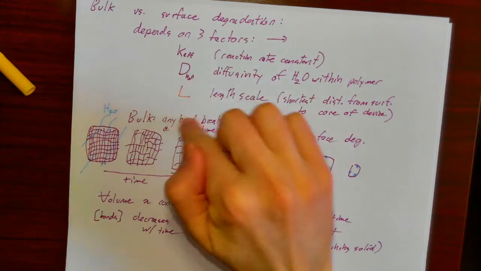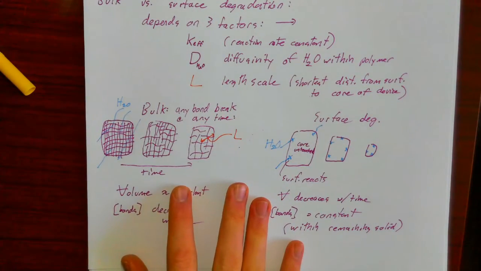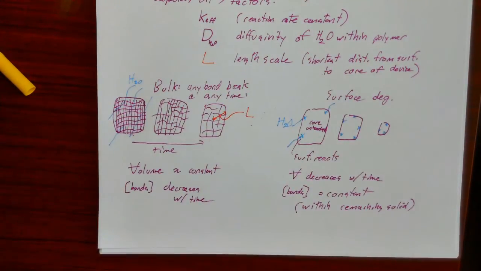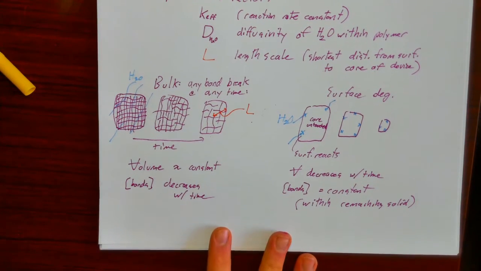So L is a length scale, and all three of these factors affect whether we get bulk or surface degradation.